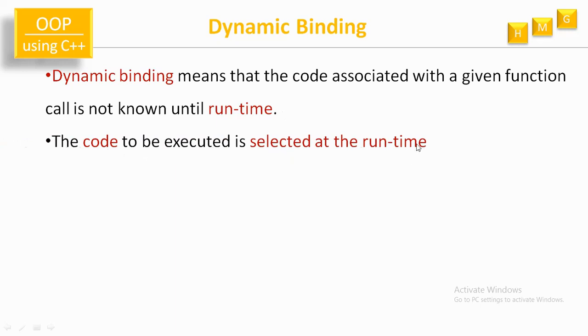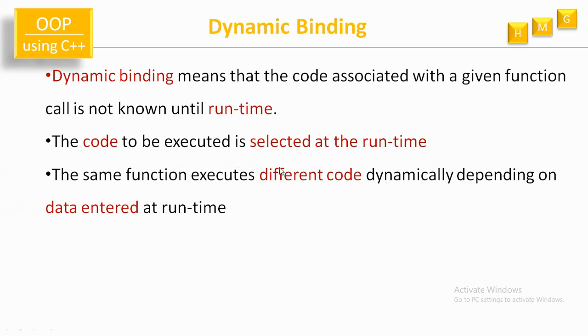Just as I told you, whether to draw a circle, a rectangle, or a triangle is not known in advance. At runtime, according to what type of data is provided, which function or which code of that function to execute will be selected at runtime, meaning while running the program. The same function executes different code dynamically depending on data entered at runtime.